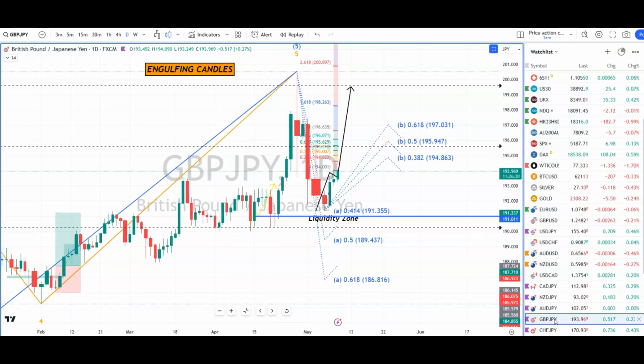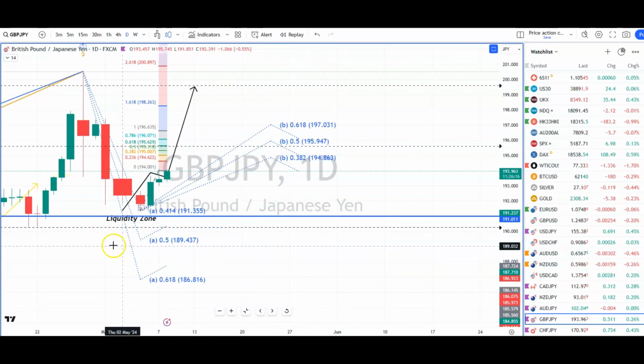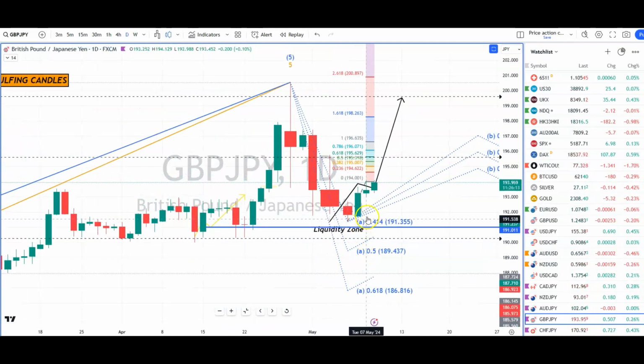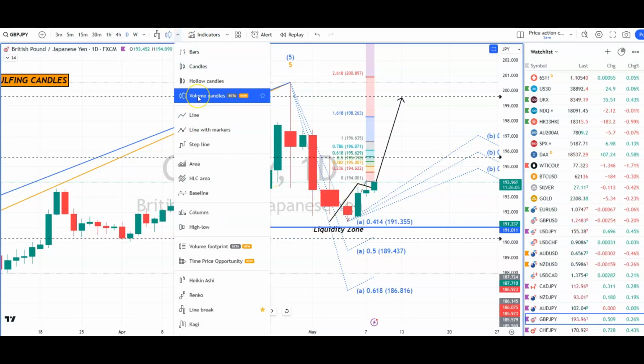The pound yen, congratulations if you're in it. Now you can see our target here on the pound yen. It's a 618 extension, and there's no chart pattern to talk about, so we have to go to the Elliott waves, and we can see that the price is bullish candle. And what candles I use are these ones here.